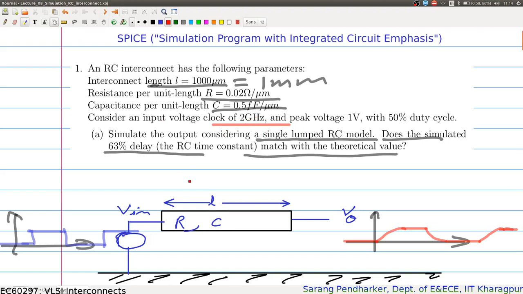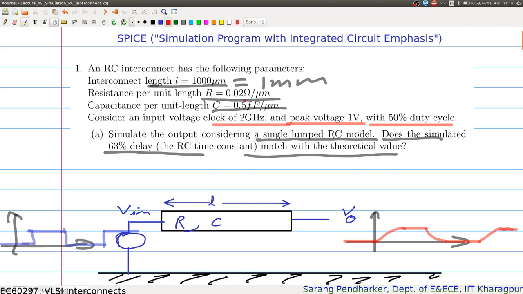Any frequency that has a time period enough to show us the charging and discharging in the case of off state is good enough, right? So we will consider an input clock of 2 gigahertz, a peak voltage of 1 volt, and a duty cycle of 50%.